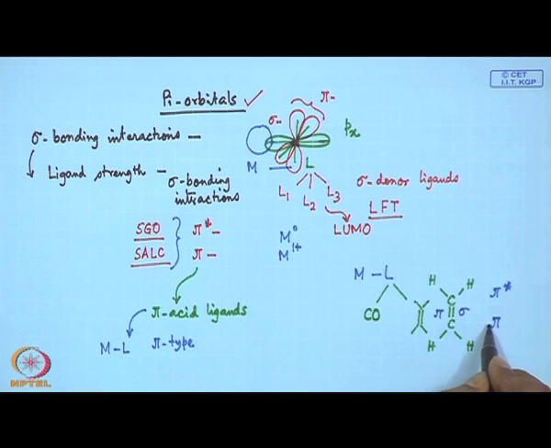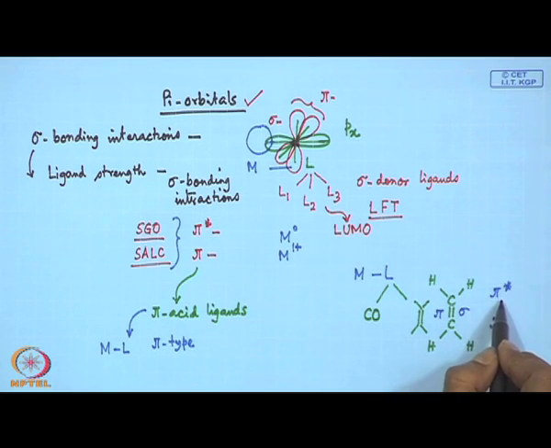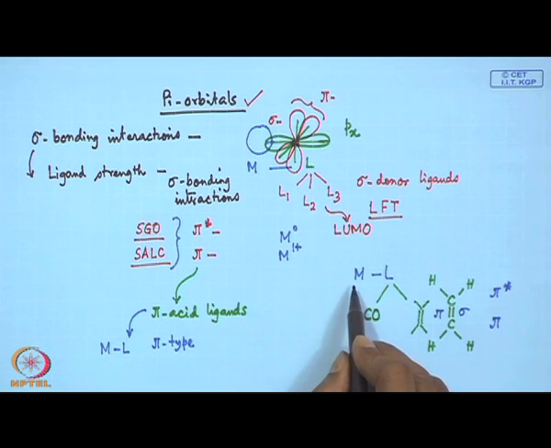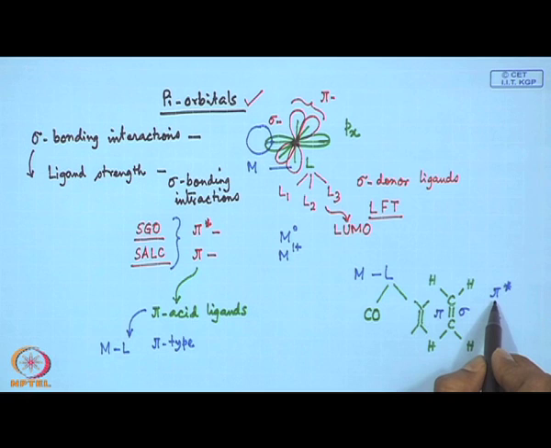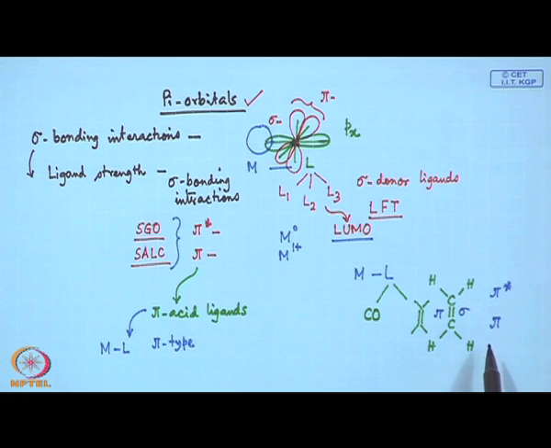So, we can have ethylene as a pi donor ligand, and the vacant pi star orbitals on this ethylene molecule can accept some electron density from the metal side, that means the acceptance is into the pi star level, the LUMO level of the ethylene molecule.